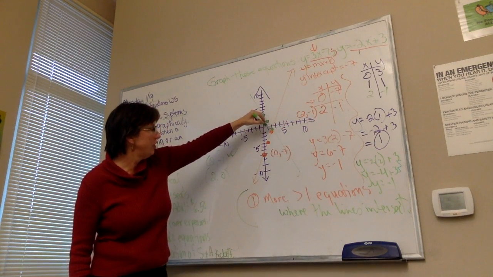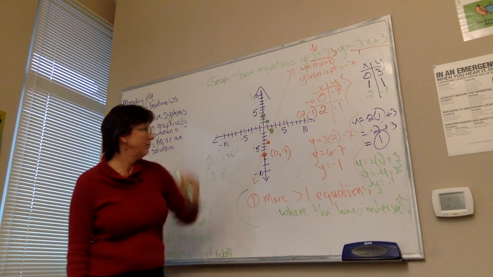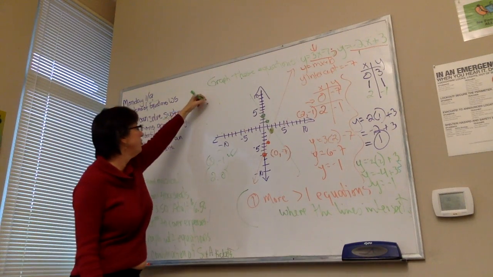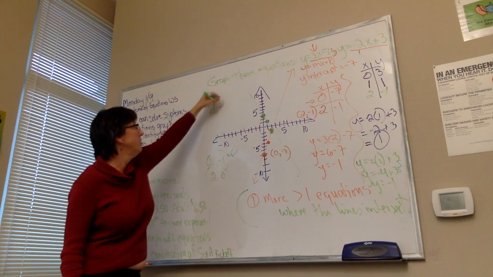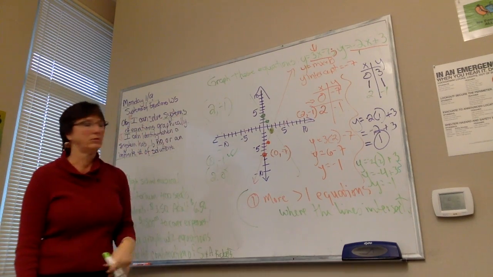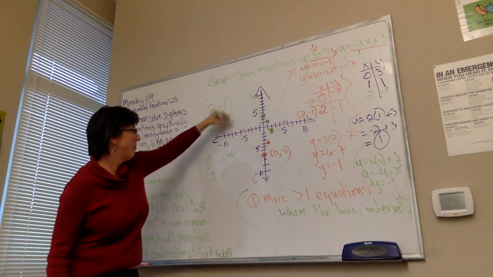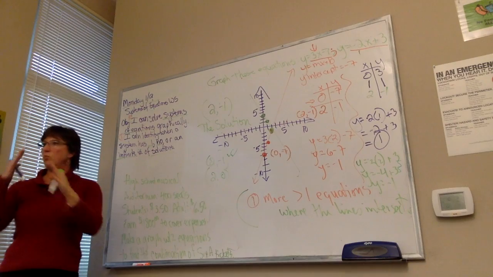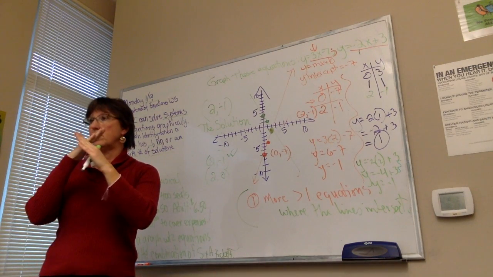So the solution, I'm just going to make my circle a little bigger. The solution, when you're answering this question, the solution to this particular problem is 2, -1. That's where those 2 lines intersect.